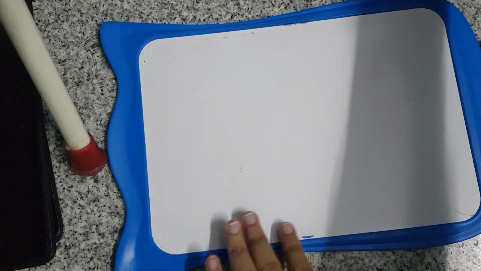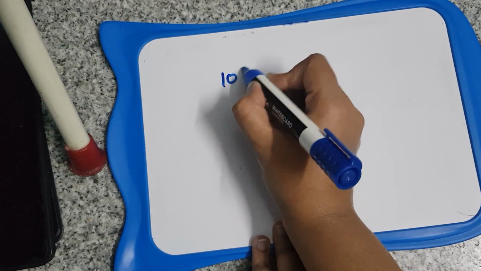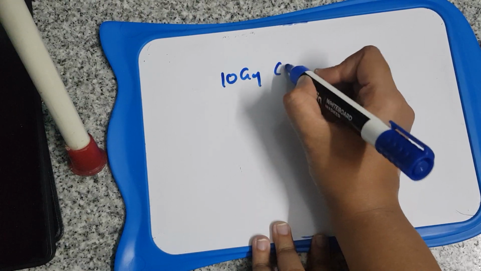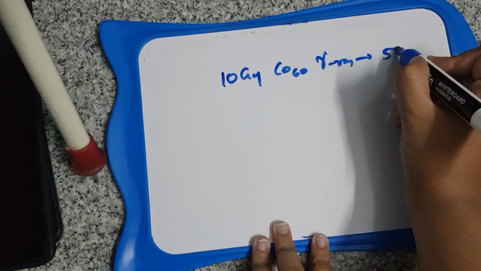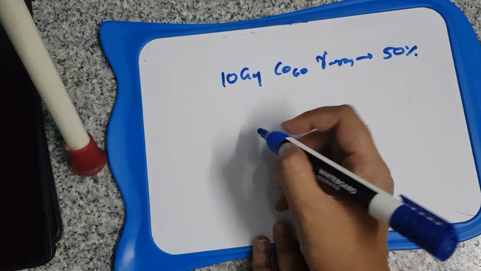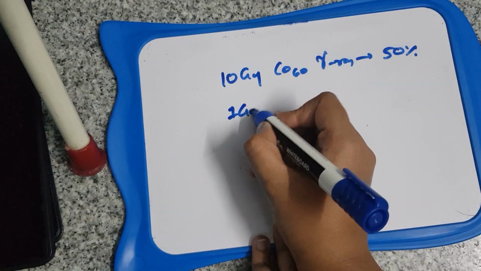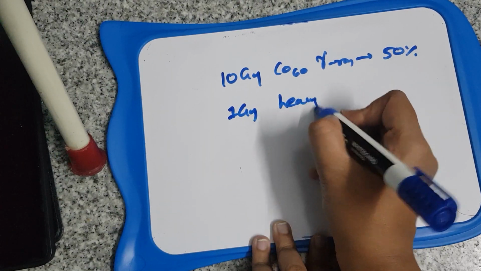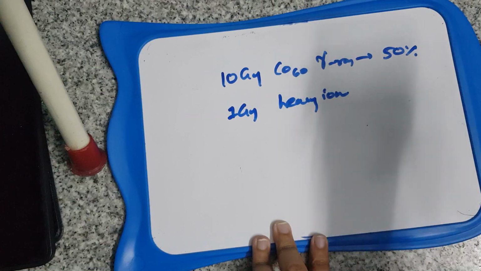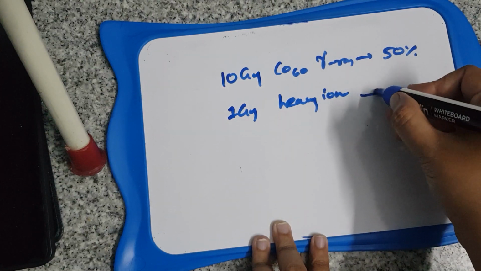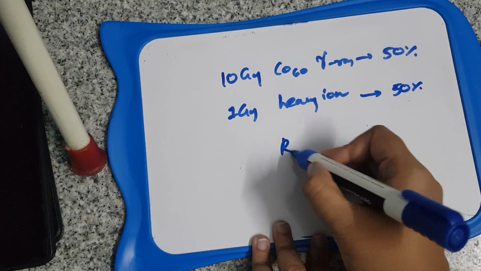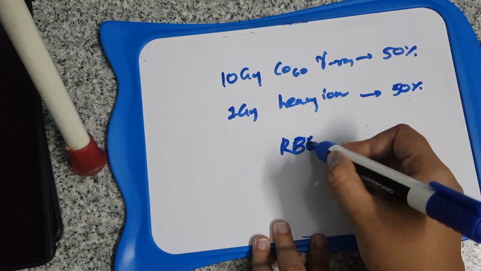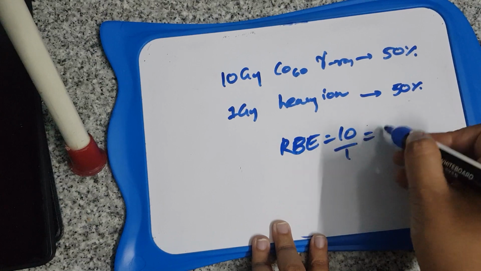For example, if 10 gray of gamma rays from cobalt 60 kills 50% of tumor cells, and 1 gray of some kind of heavy ion which we are using takes again 50% of the kill, then the RBE will be 10 by 1, which is 10.